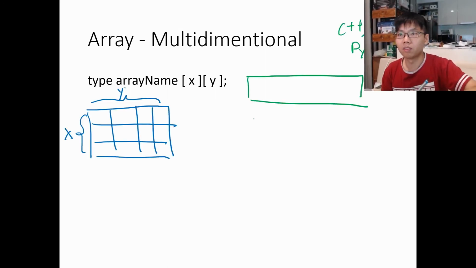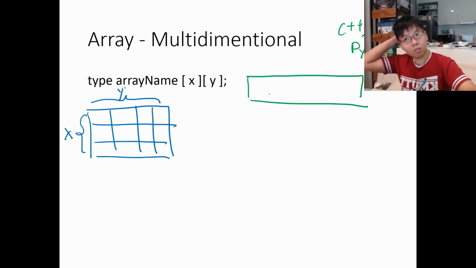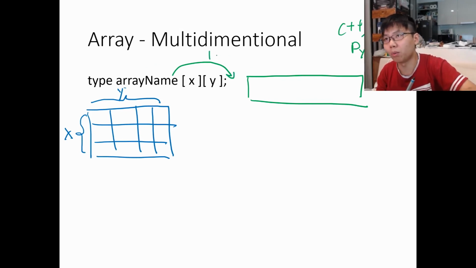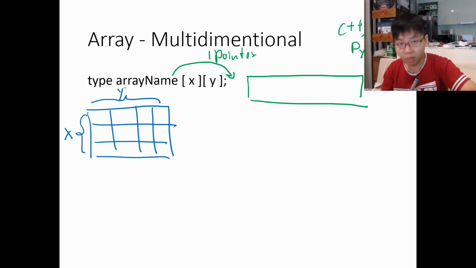Okay, so what happens is it creates the first array. The pointer, they still use only one pointer. One pointer points to the start of the memories of this array, and then it creates the array of size x first.